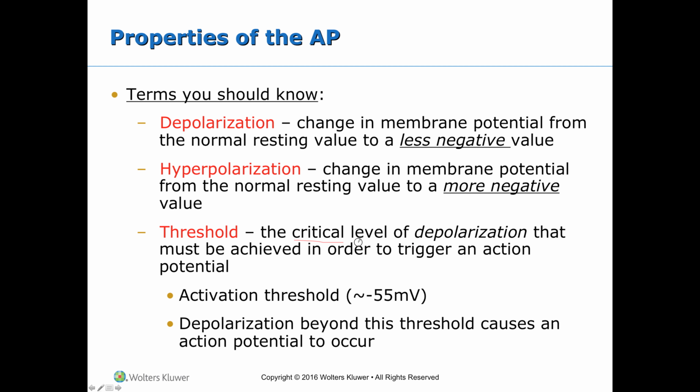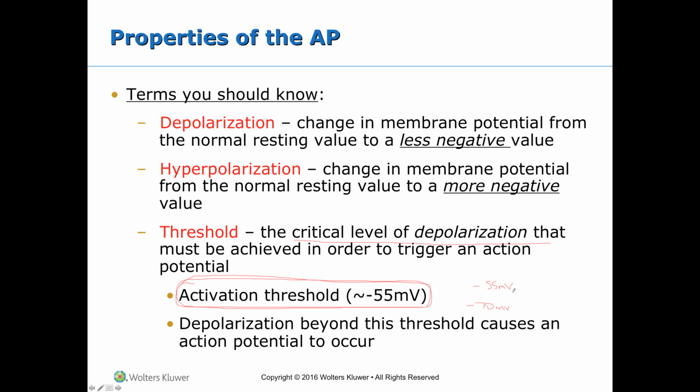Threshold is the critical level of depolarization that must be achieved in order to trigger an action potential. And the activation threshold is roughly negative 55 millivolts. So with a depolarization that takes your neuron from negative 70 millivolts to negative 55 millivolts, once negative 55 millivolts is reached, you will fire an action potential.